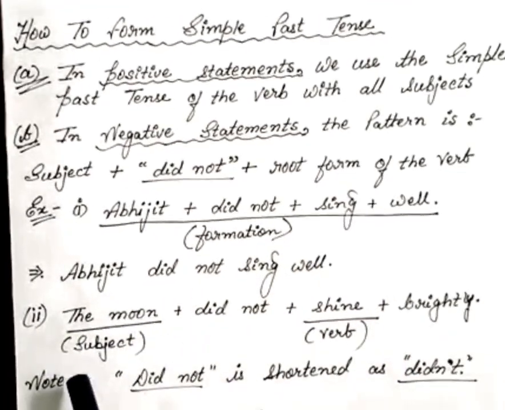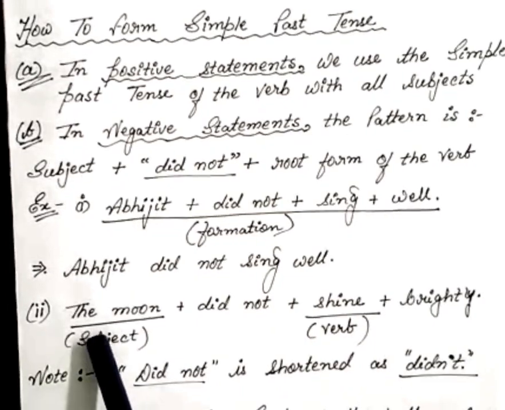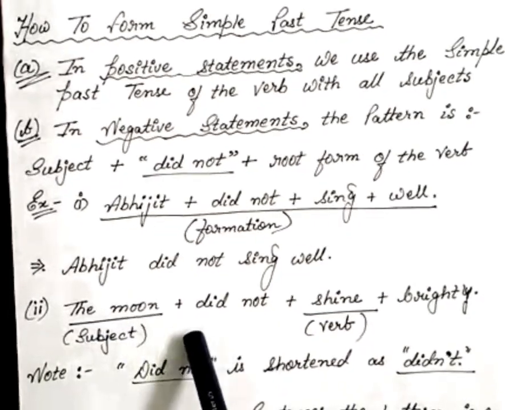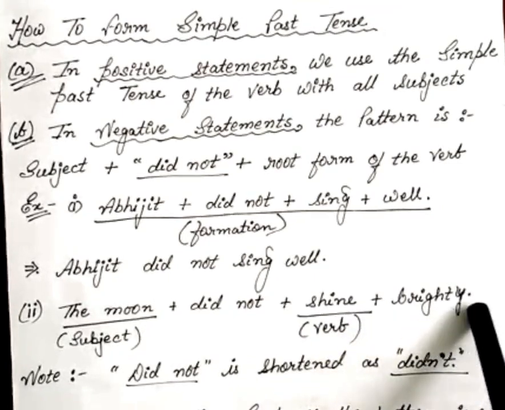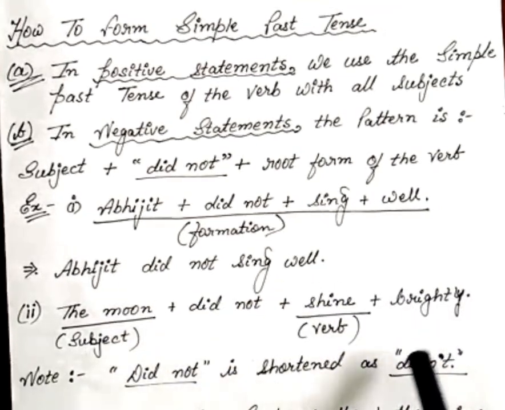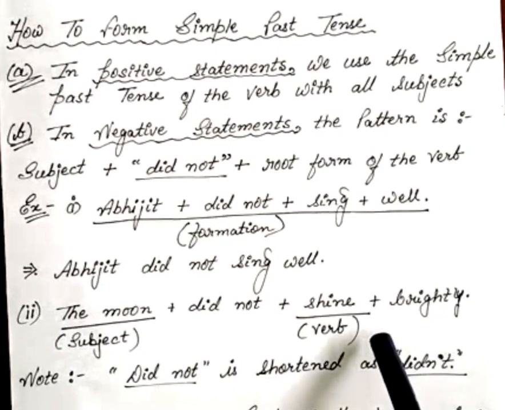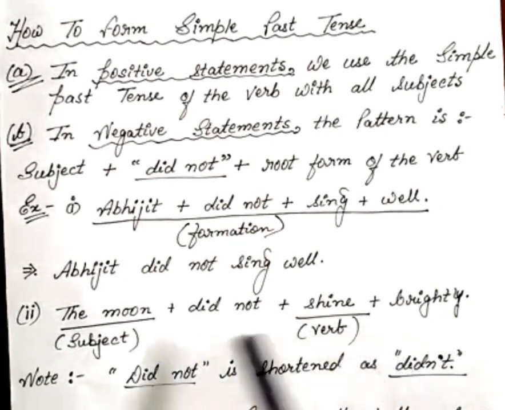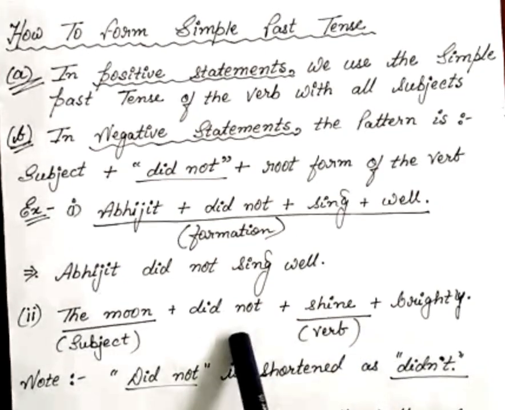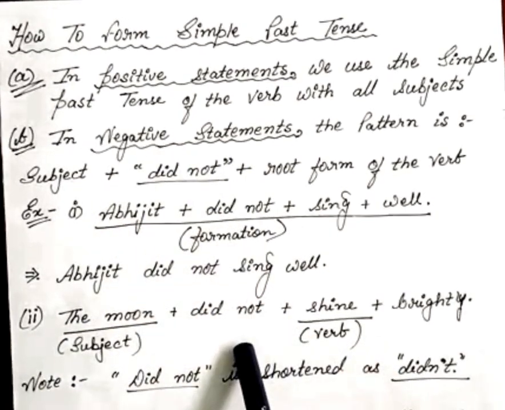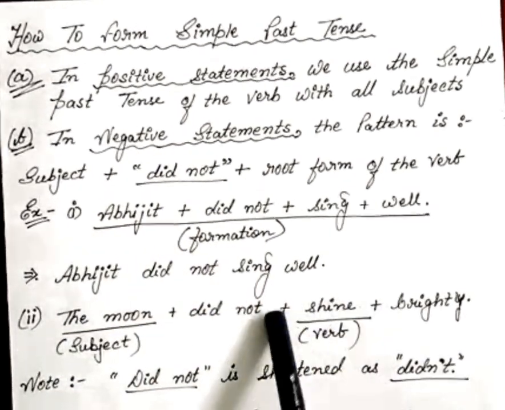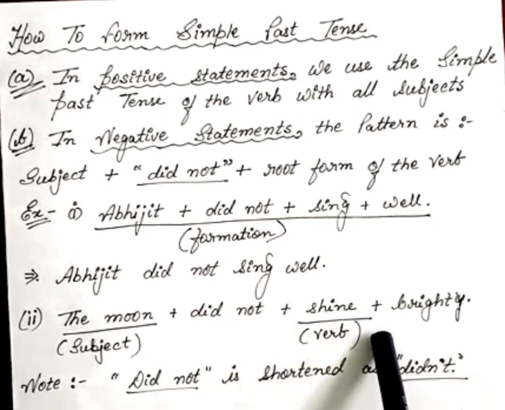We can see another example. The moon plus did not plus shine plus brightly. Now this is another pattern of the formation of the negative statement. Again, the moon is the subject here, plus did not, which is the pattern we have followed here, plus the root form of the verb shine, plus brightly.